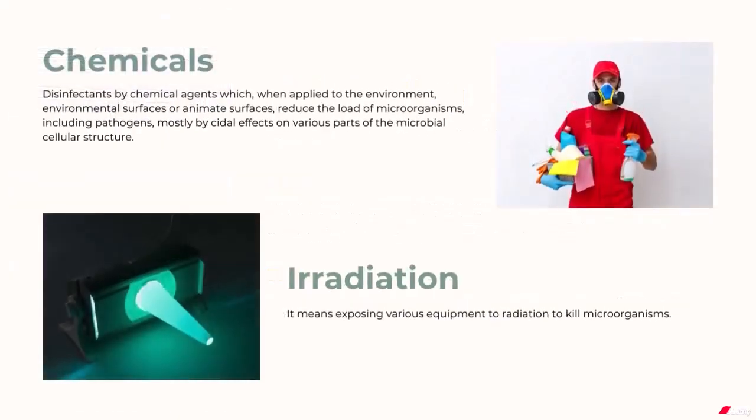Chemicals: disinfectants are chemical agents which, when applied to the environment, environmental surfaces or animate surfaces, reduce the load of microorganisms, including pathogens, mostly by biocidal effects on various parts of the microbial cellular structure. Irradiation: it means exposing various equipment to radiation to kill microorganisms.